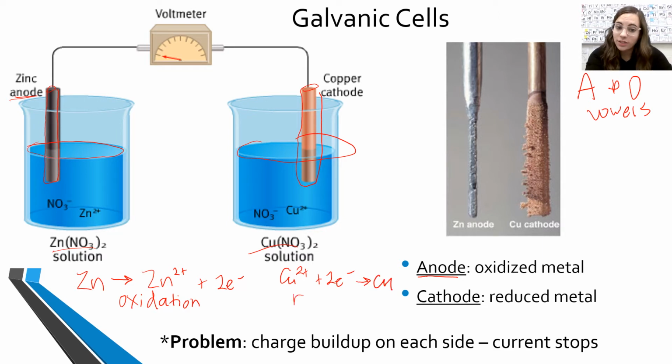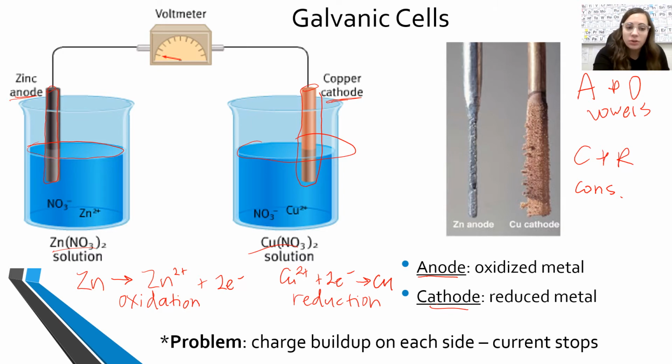That is a reduction reaction, going from 2+ to 0 oxidation state. And so we call that the cathode. So the cathode is the metal that is reduced. And I remember that C and R are consonants. That's a way to remember it. Okay, so the anode is oxidation. The cathode is reduction.